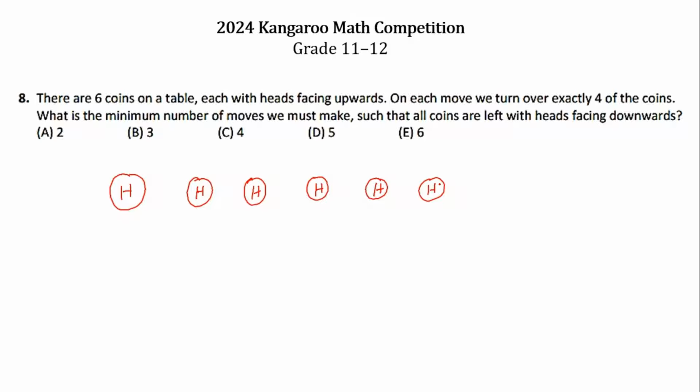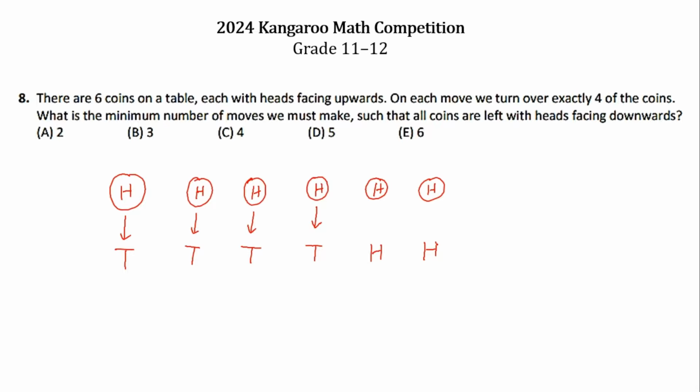Now we can choose any 4 coins for our first move, but I'll just choose the first 4 to simplify the solution. So for our first move, we flip the first 4 coins so that we will have tails for the first 4 coins. And then the last 2 coins are still heads up.